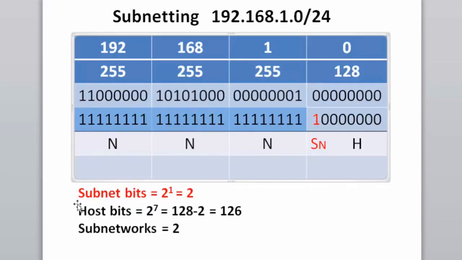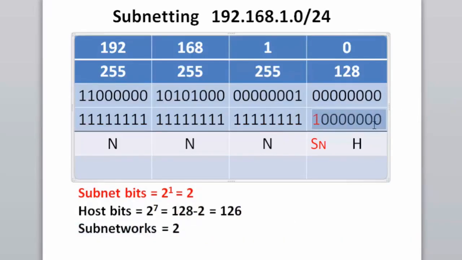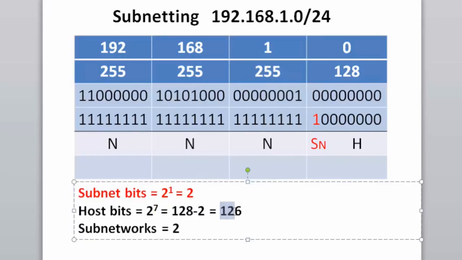So we could say that for subnet bits, we now have 1 bit, or 2 to the first power, creating 2 subnetworks. Host bits, we have 7 zeros now. So host bits are 2 to the 7th power, or 128, minus 2 for the network address and the broadcast address, leaving us with a total number of possible hosts on the subnets of 126.